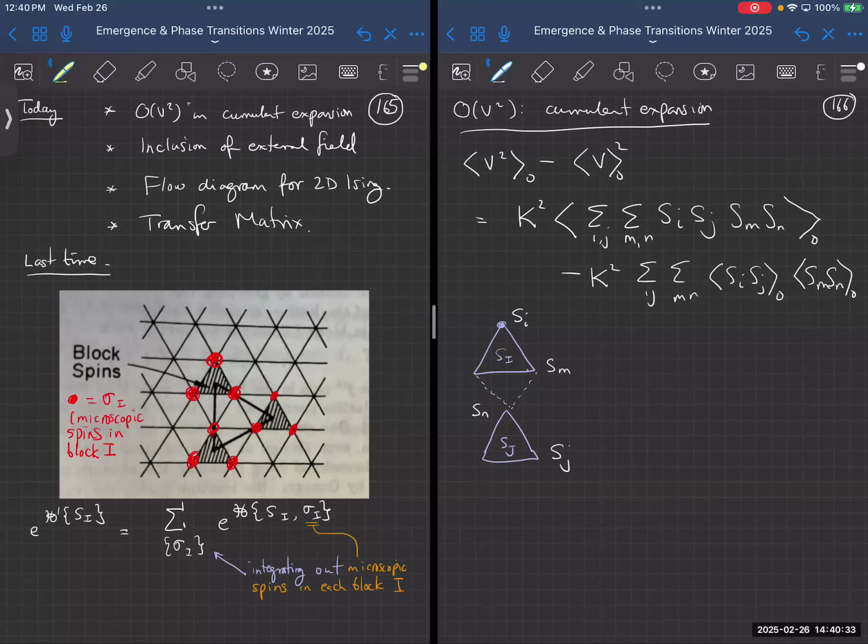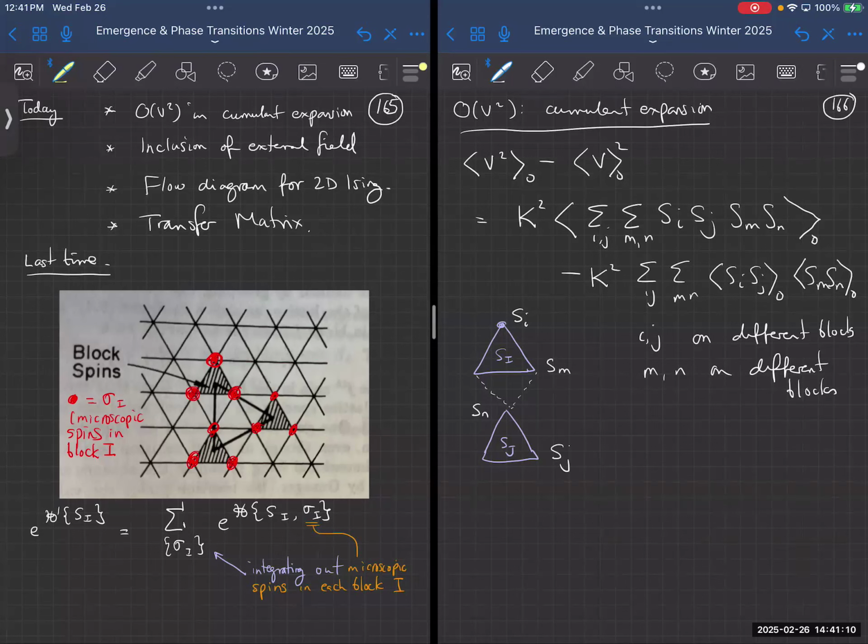And in order for these interactions to be non-zero, because we remember that the basic microscopic interactions are all nearest neighbor, then what I need is that i and j have to be on different blocks. And m and n have to be on different blocks. So why is it like that? Well, remember that our perturbation theory starts off by saying the zeroth order perturbation theory is just, we're looking at interactions within a block, and then the perturbation is the interactions between blocks.